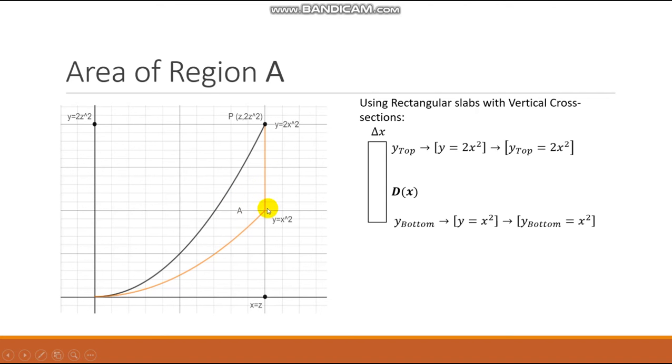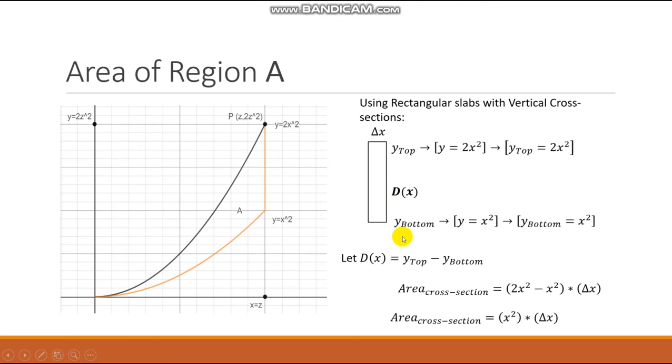The top line will be y is equal to 2x squared, and the bottom line would be y is equal to x squared. So to find d of x, where the area of the cross section is d of x times change of x, d of x will be the y top minus y bottom, so it'll be 2x squared minus x squared, and the area of the cross section will be x squared times change of x.